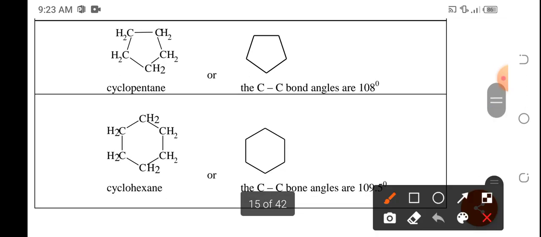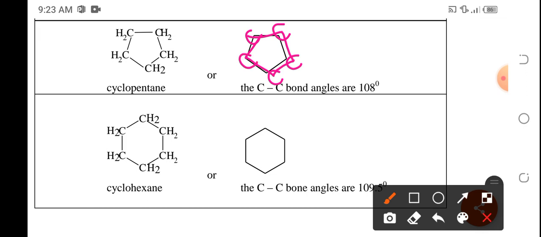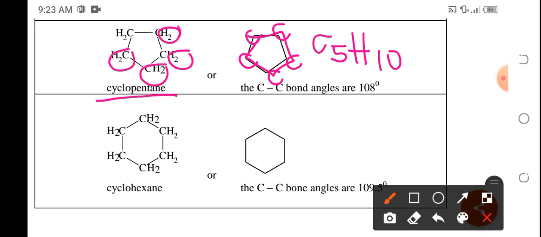So if you see a pentagon with 5 sides, and these intersections represent carbon atoms with a single bond, therefore that is cyclopentane. So we will have C5H10.